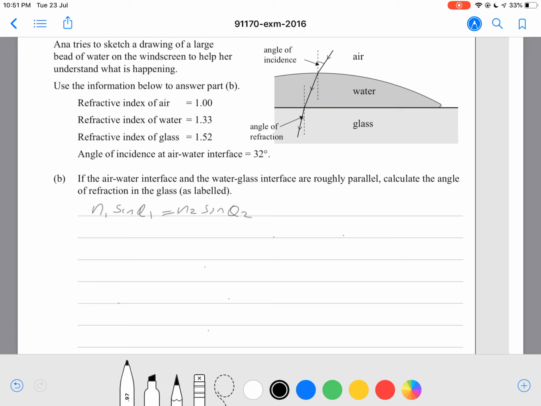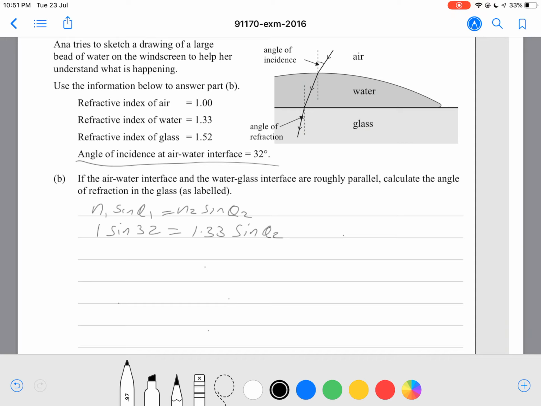Air's refractive index is 1, and we have our angle of incidence as 32 degrees. So simply we can say 1 sine 32 equals 1.33 sine theta 2, as water has a refractive index of 1.33, and we're trying to find the angle of refraction in the water.